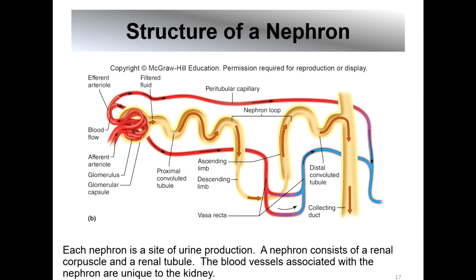And then we have this structure down here called the vasa recta, which is kind of an alternative path for the blood. And here in the vasa recta, you can see that it closely follows the nephron loop.